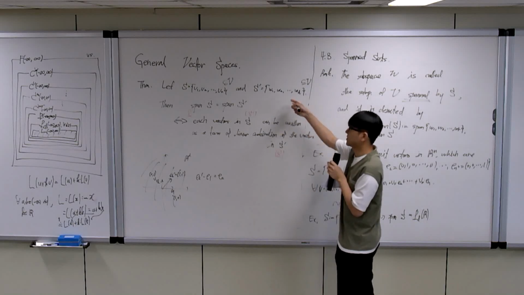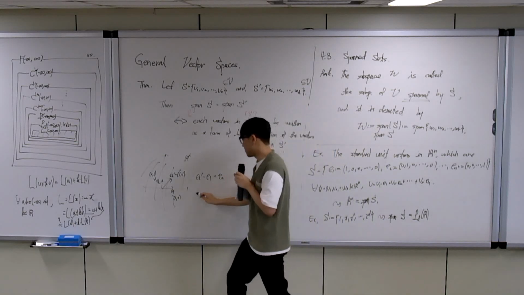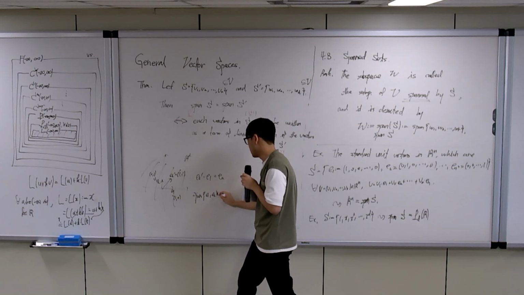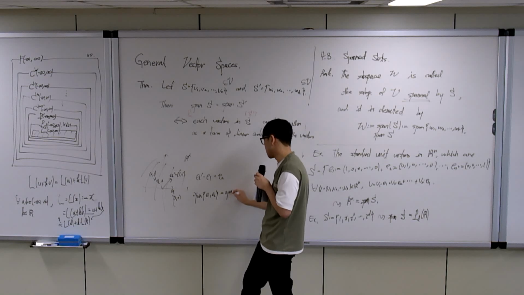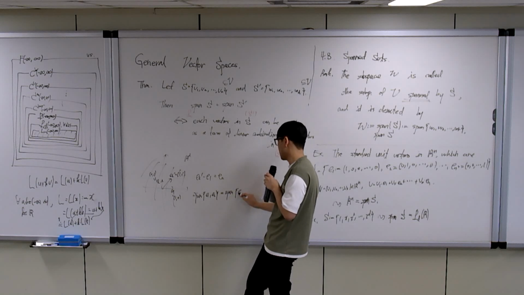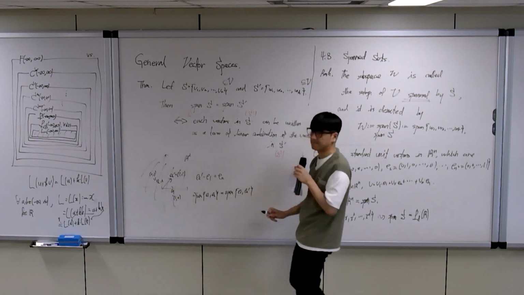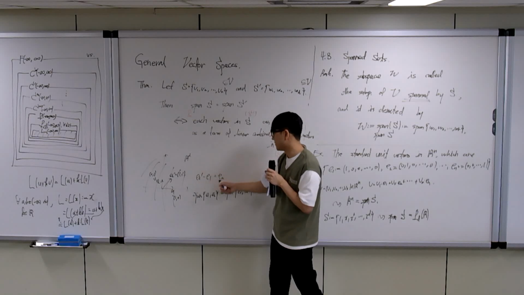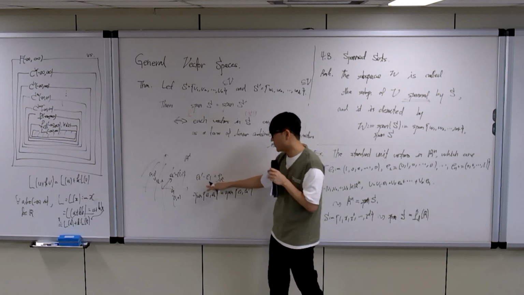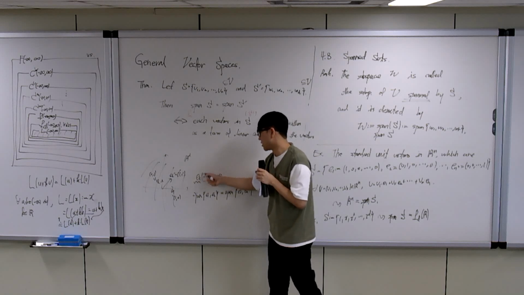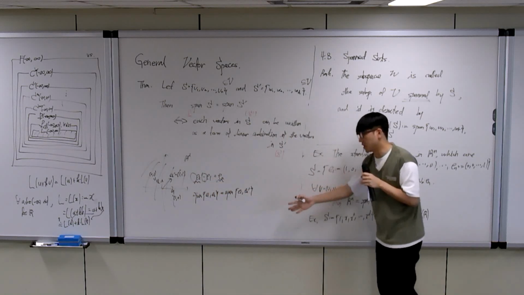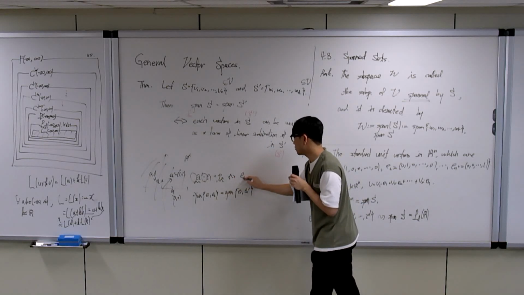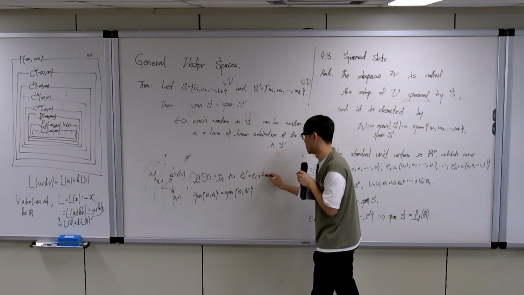So this theorem says the spanning set of E1, E2 is the same as the spanning set of E1, E2 prime, because E2 can be written as a linear combination of E1 and E2 prime, and conversely E2 prime can be written as E1 plus E2.